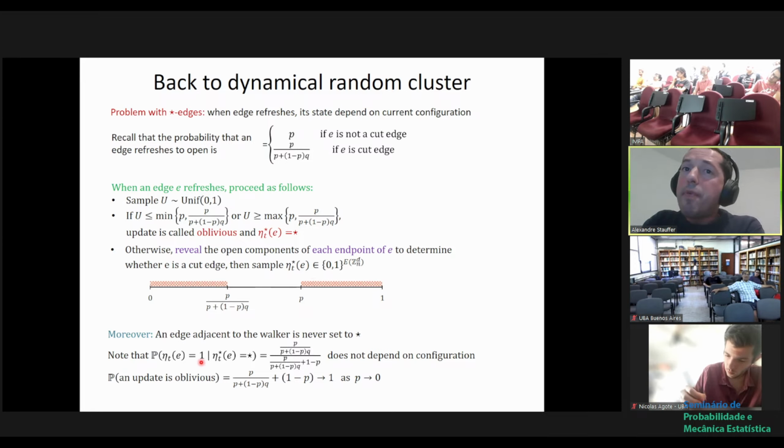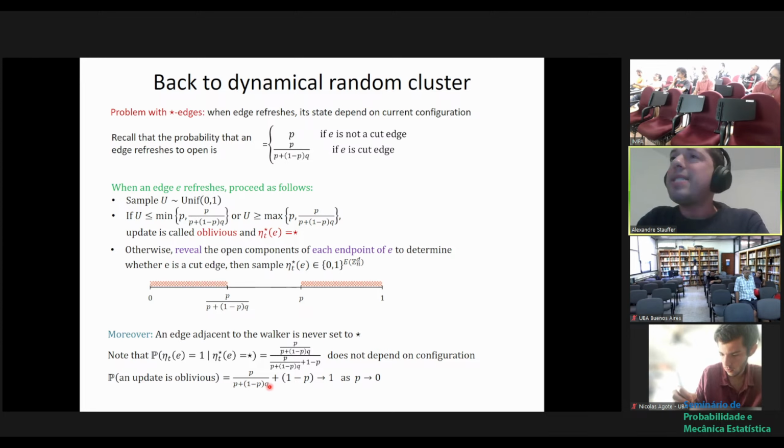So the probability that a star edge is actually open is just the ratio: the length of the left highlighted area divided by the sum of the two highlighted areas. Important, that doesn't depend on the configuration. And the probability that an update is oblivious is just the length of the union of these highlighted areas in the interval.